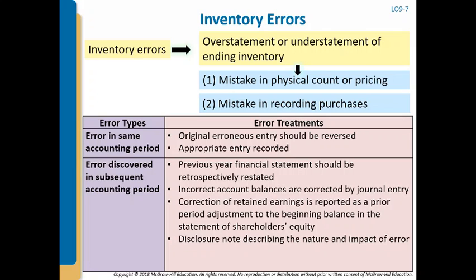Incorrect account balances are corrected by journal entry, and a correction to retained earnings is reported as a prior period adjustment to the beginning balance in the statement of shareholders' equity. You also have to list a disclosure note describing the nature and the impact of the error.